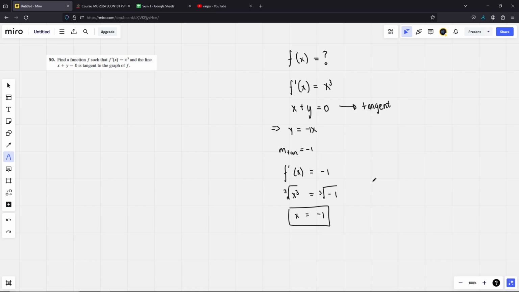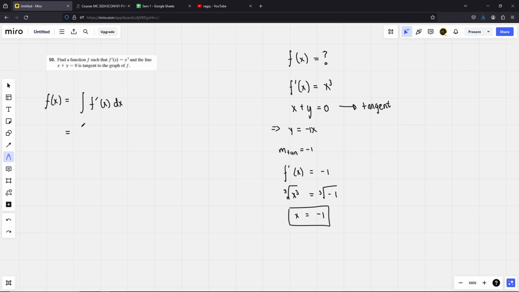Okay, cool. Now let's get into the antiderivative part. Now I have f prime, and I want to get back to f. So we know that f of x is going to be equal to the antiderivative of f prime of x with respect to x. Once again, taking the derivative I get from f to f prime, and taking the antiderivative I get from f prime back to f.